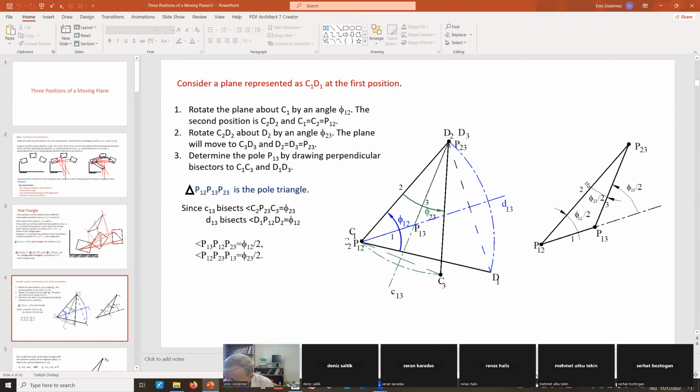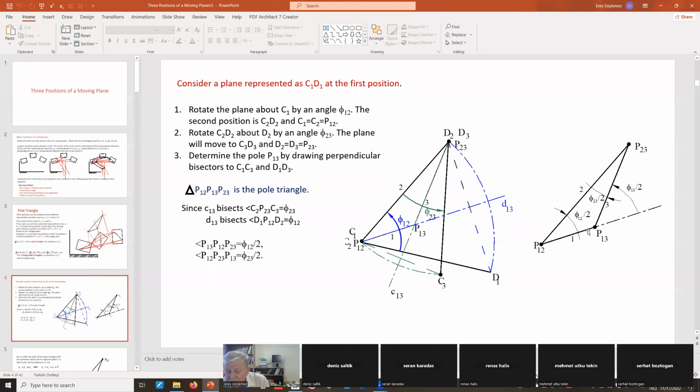From side 2 to side 3, it is phi23 over 2. From side 1 to side 3, it is phi13 over 2. Angles are always directed angles.